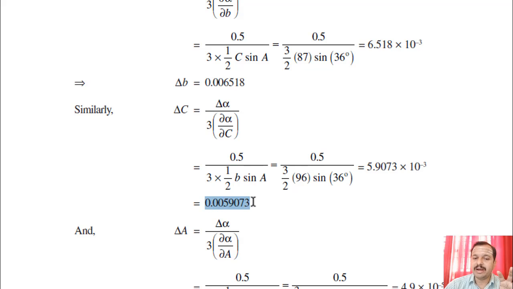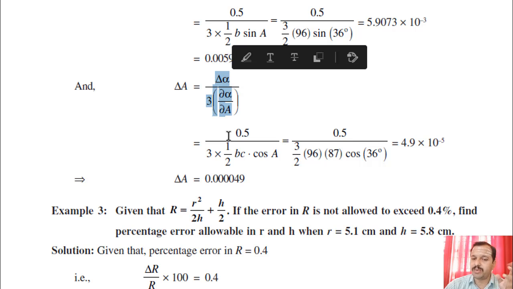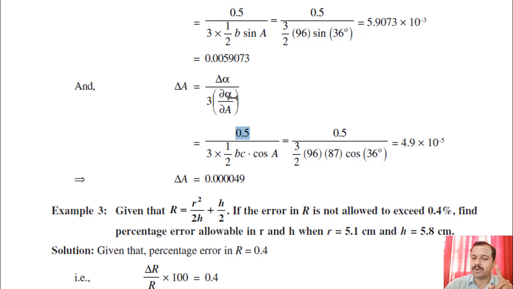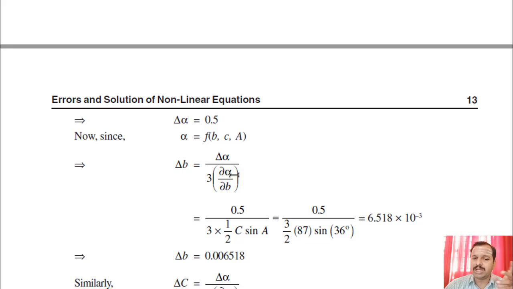And similarly, delta A, that is the third variable, A, angle. It is also delta alpha, that is the total error, that is 0.5. Just now we have computed, 3 into partial derivative of alpha with respect to A, and that is here cos A. You look at this, how we have computed dou alpha by dou A by using the expression of alpha.